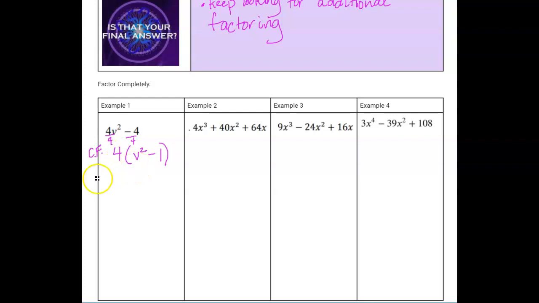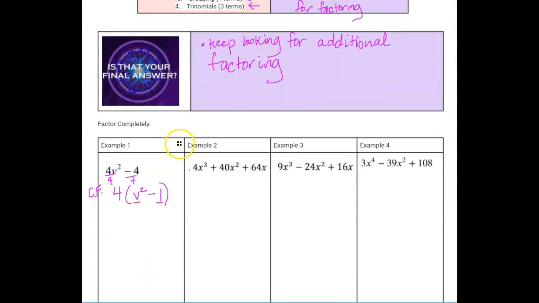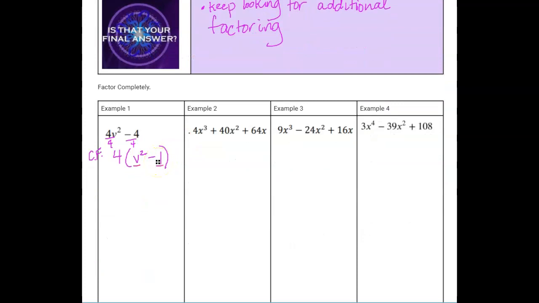But then I look and I see, okay, we have 2 terms. So let's go back up to my list. 2 terms is we want to look for perfect squares. Since this is a minus, remember, it's the difference, and we won't have the imaginary. So that's like v squared minus 1 squared. So then we get the v's are first, the 1's are second.